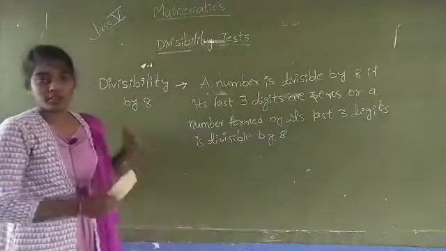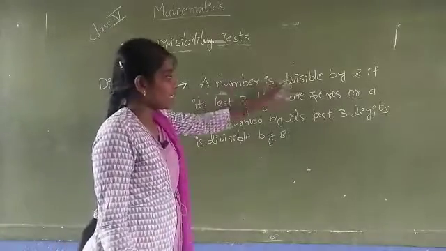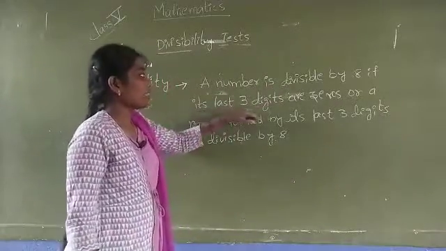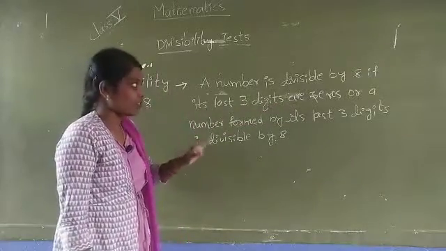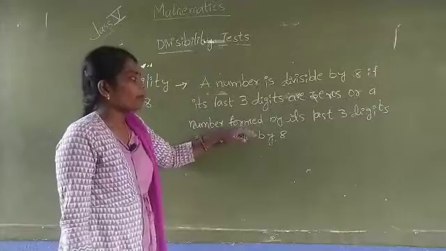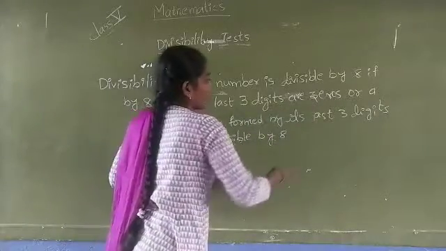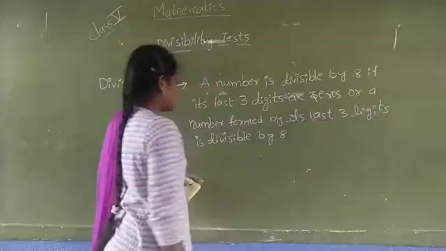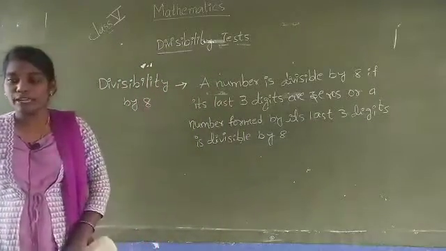What is the divisibility rule of 8? A number is divisible by 8 if its last 3 digits are zeros, or a number formed by its last 3 digits is divisible by 8, then that whole number is divisible by 8.